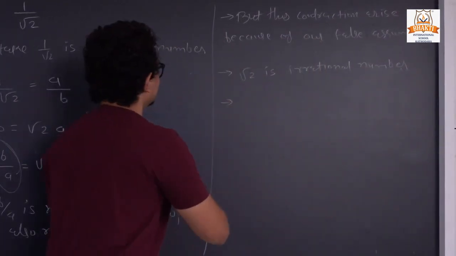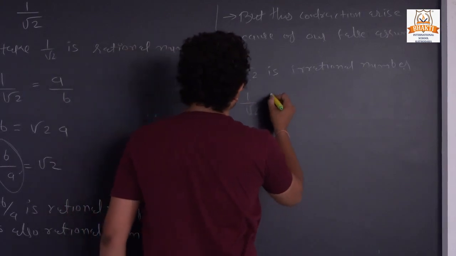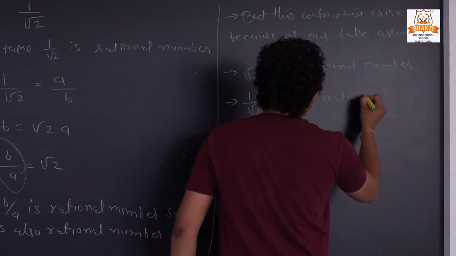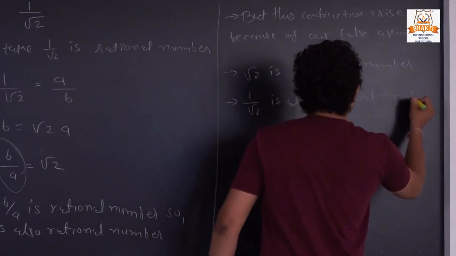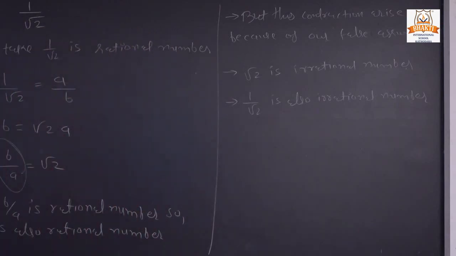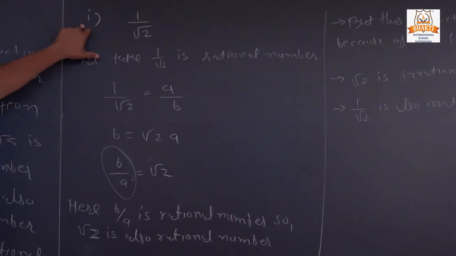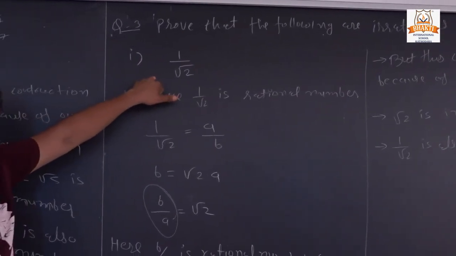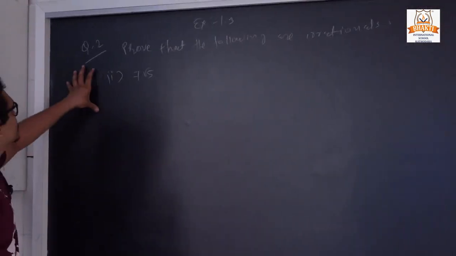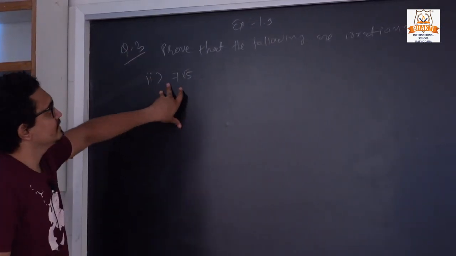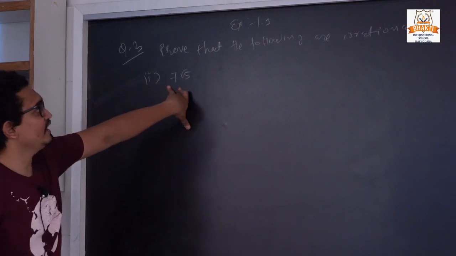So finally we can conclude that 1 upon root 2 is also an irrational number. So this is our question 3. First we proved that 1 upon root 2 is also an irrational number.